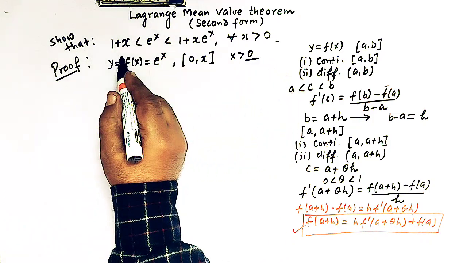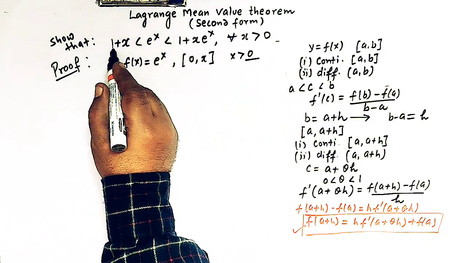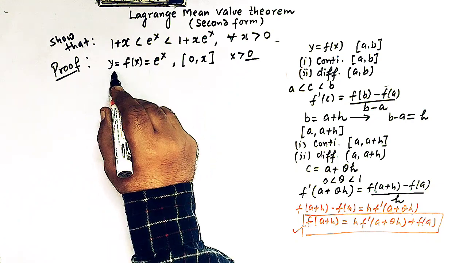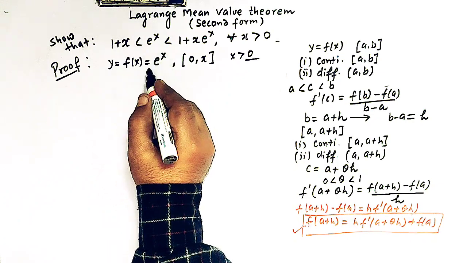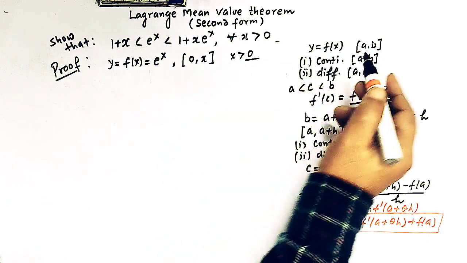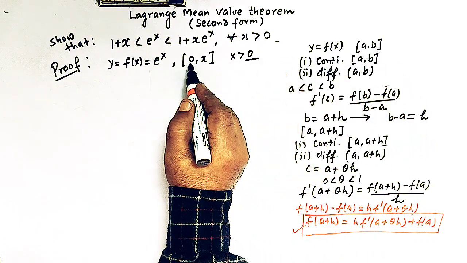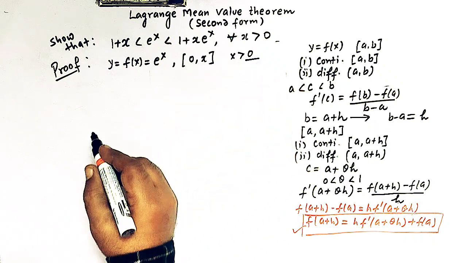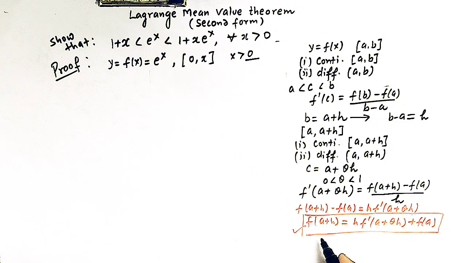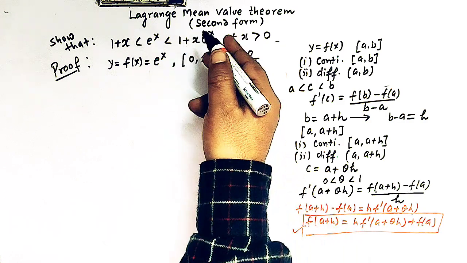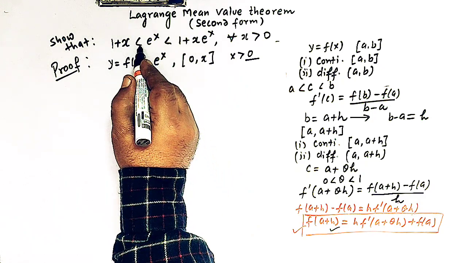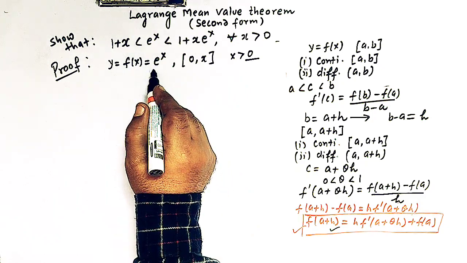The first step in proving this inequality is to frame an appropriate function, and here we take the exponential function, with the interval a comma b as 0 comma x, where x is greater than 0. Now we will use the second form of Lagrange's mean value theorem to prove this inequality with the help of this function.